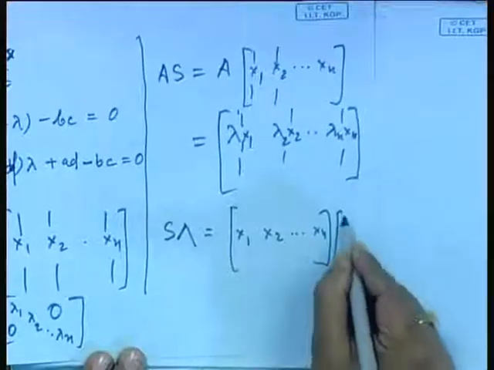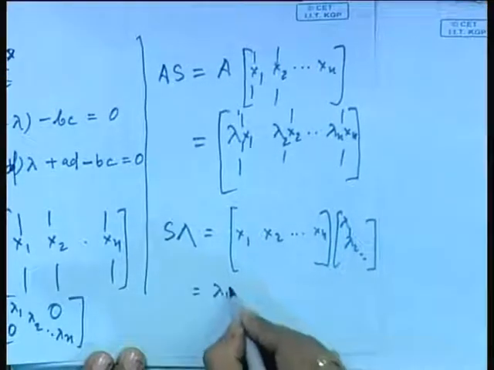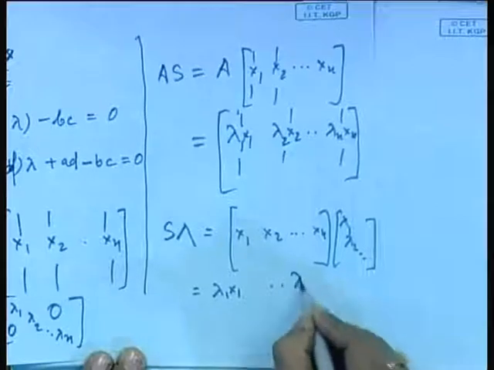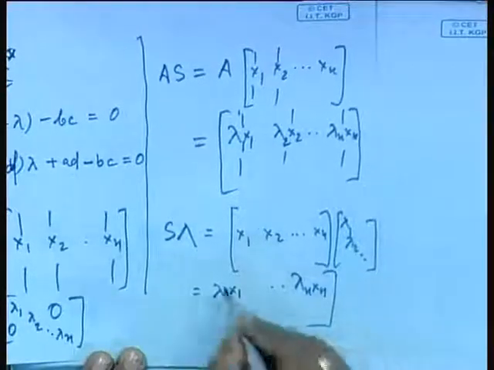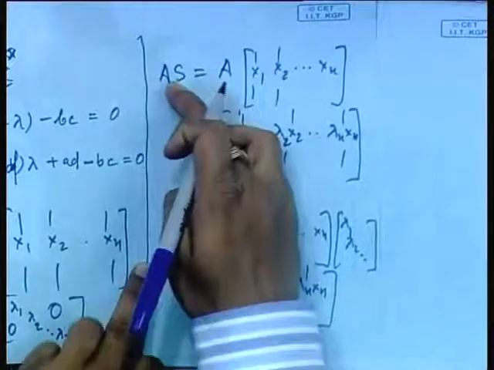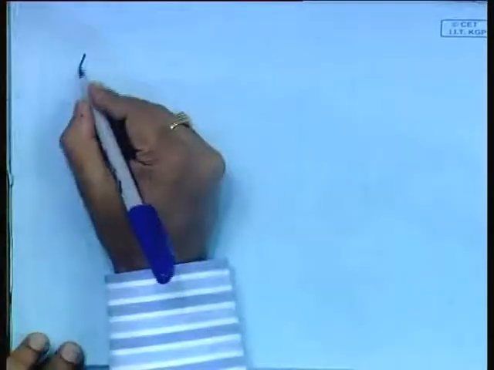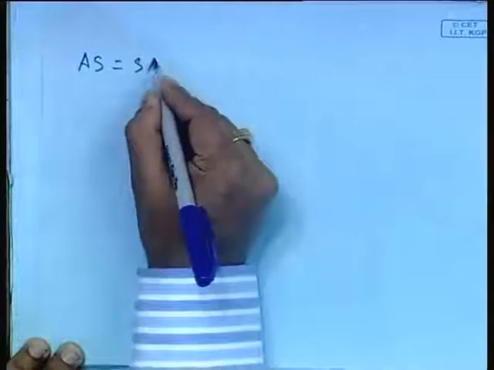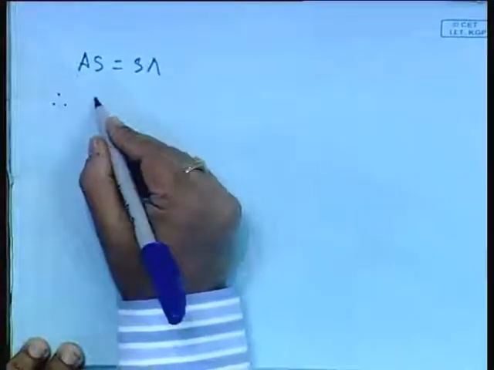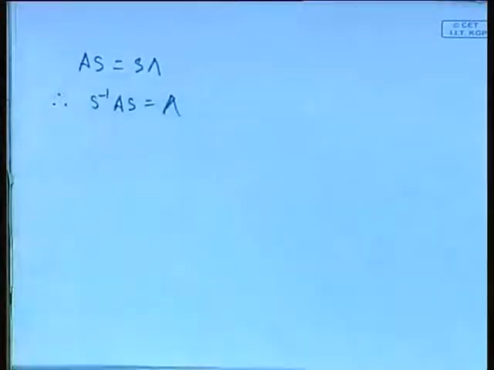It is x1 to xn times lambda 1, lambda 2, and so on. It will be again lambda 1 x1 and so on. Right. So, now you can see that AS is equal to S Lambda, and multiplying by the inverse on both sides, you get the theorem. Okay. So, this is a very important property.